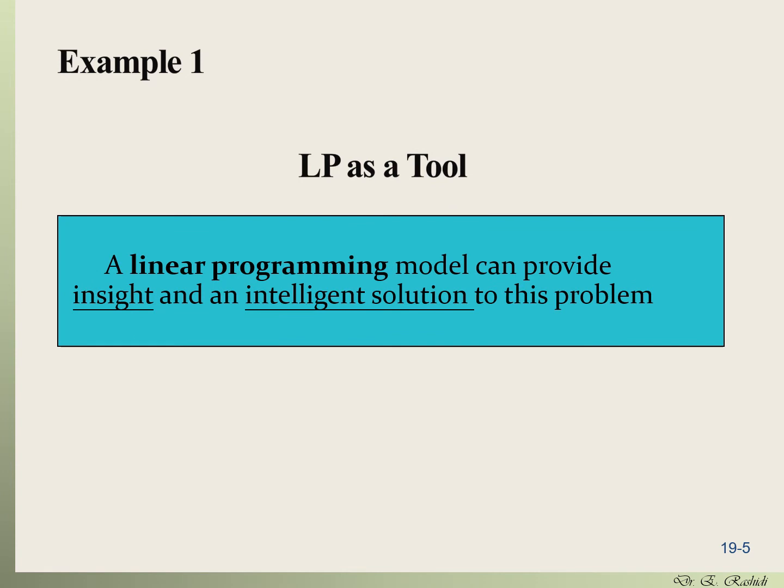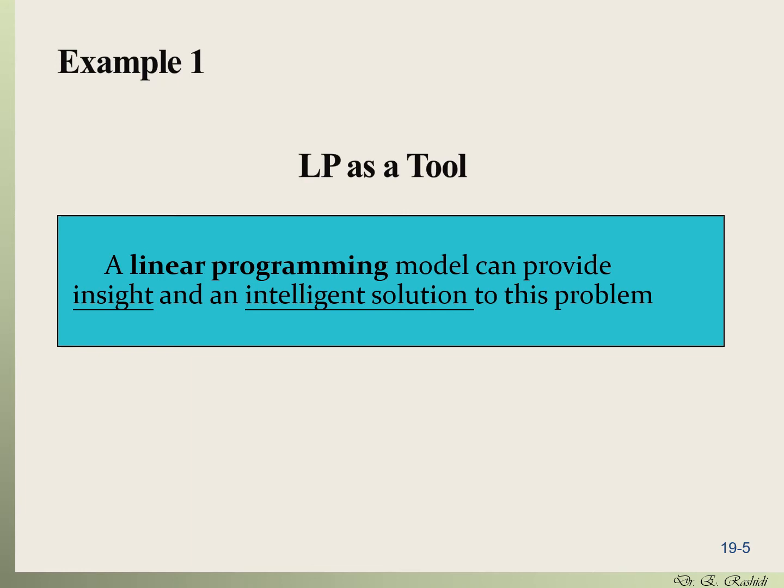Using linear programming as a tool to solve an optimization problem like this example, a linear programming model can provide insight and an intelligent solution to the problem. So let's see how this works.